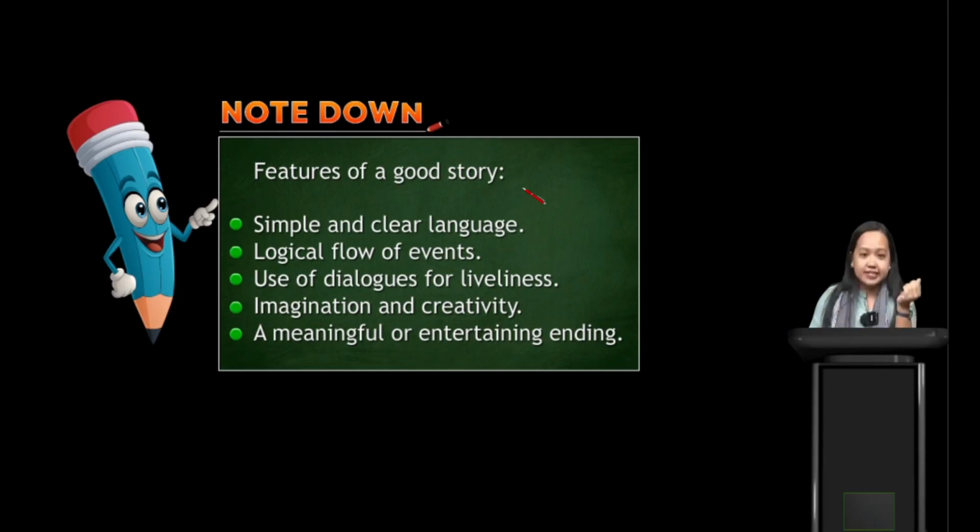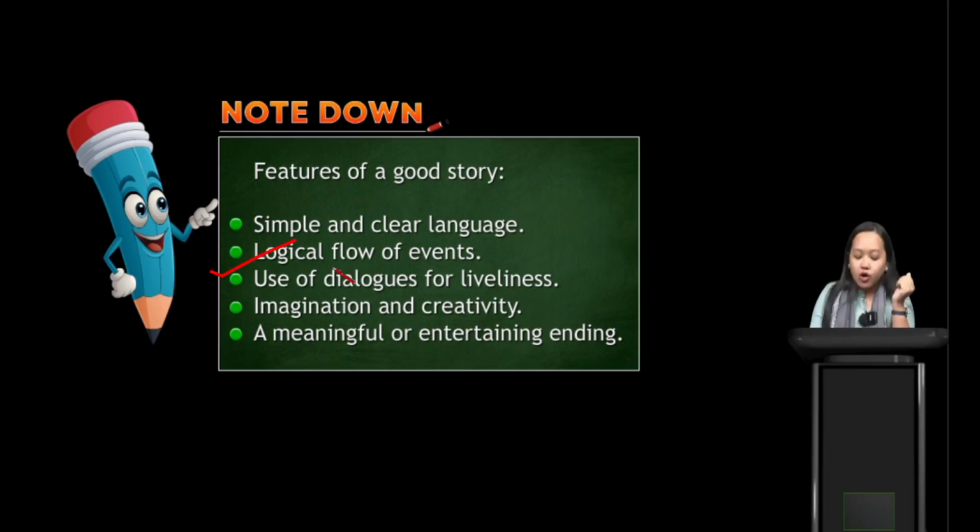What are those features? Let's read. At the first point it says what? Simple and clear language. It has to be very simple, very clear language. No useless words or any other words which are not important. It has to be simple and clear.